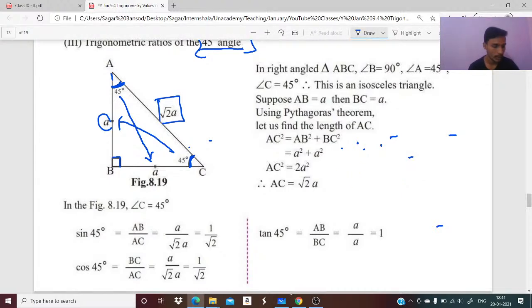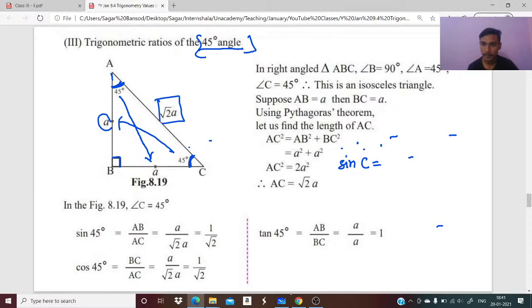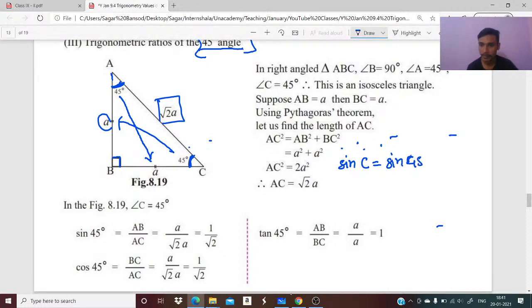Now if I ask you to find the sine ratio of angle C, since you know that C is 45 degrees, sine C will be given as opposite, that is AB, upon hypotenuse, that is AC.